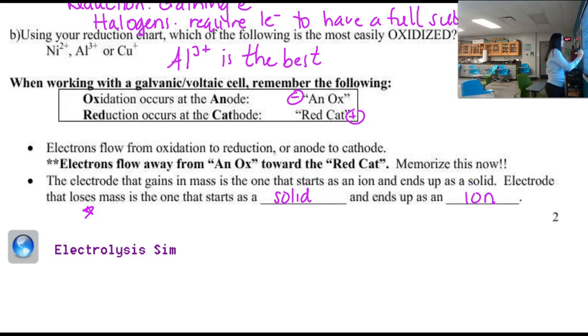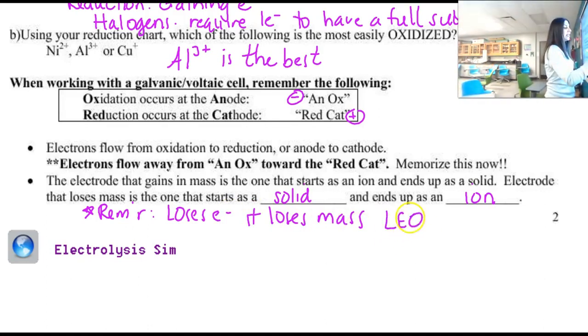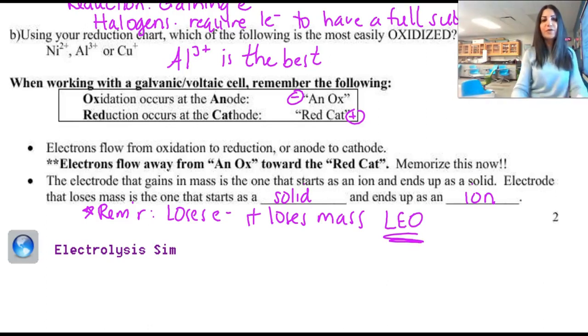That's how we're going to remember it. And where does it lose electrons? LEO, at the oxidation site. So the oxidation site is going to lose mass, and we know that the electrode that gains mass is going to be the opposite of that.